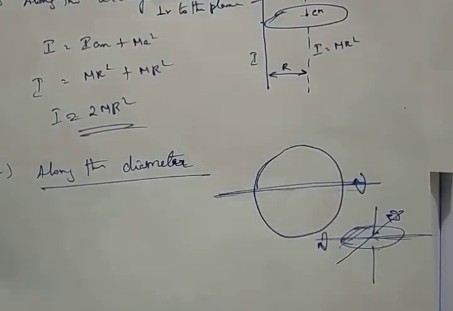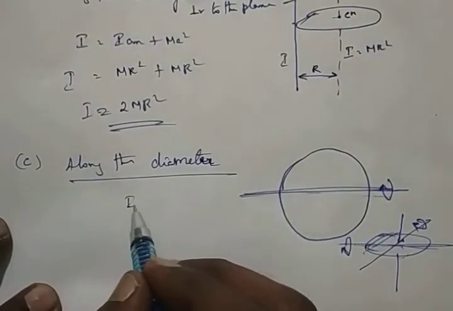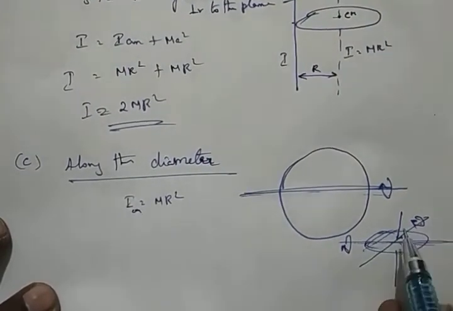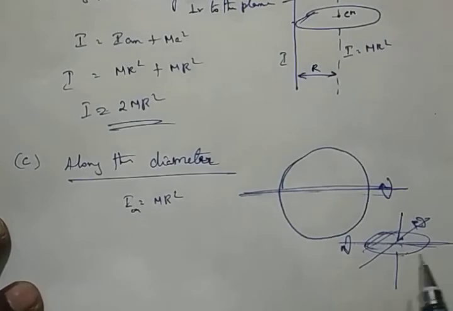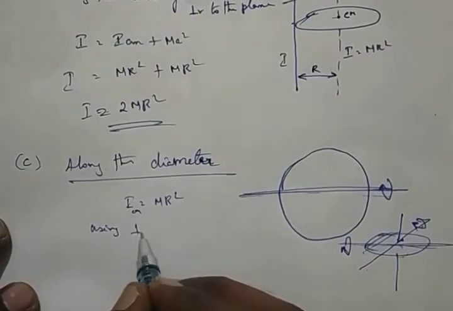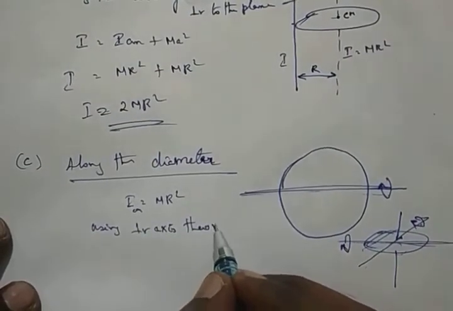Okay. Now how do we find this one? We know I center of mass is going to be equal to mr square. We have to use the perpendicular axis theorem. What is the perpendicular axis theorem?